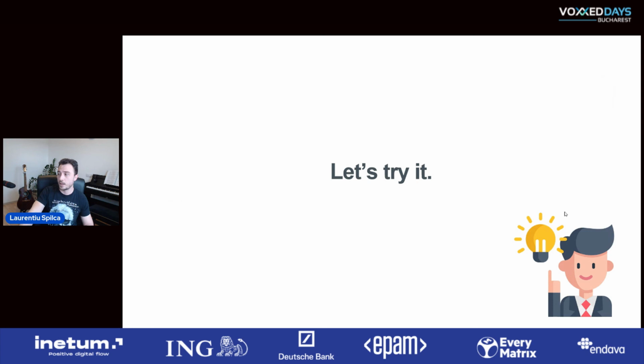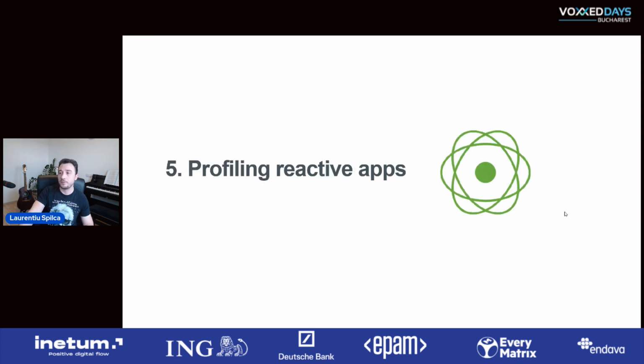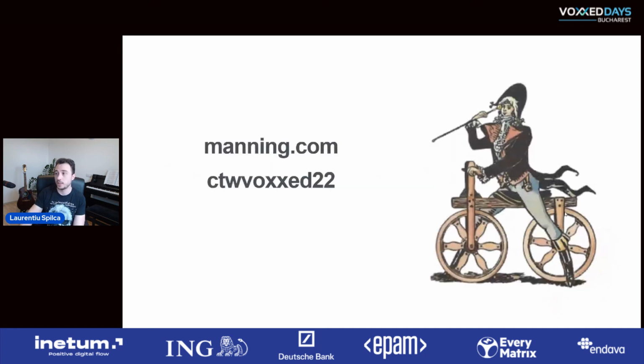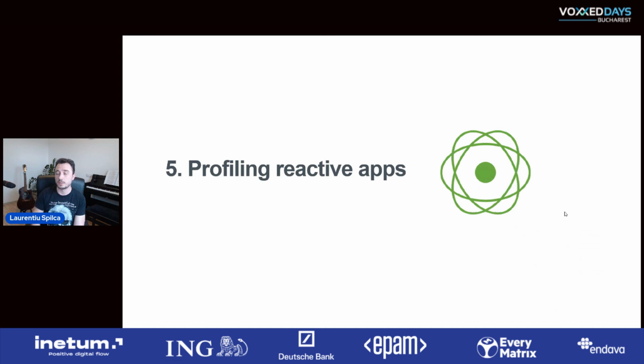Okay, the fifth point I wanted to show you, because it's almost the end of the presentation and I don't want to be kicked out, so I would like to finish in the next 3 or 4 minutes, is profiling reactive applications. It seems that reactive applications, and especially Reactor Core, are more and more used nowadays.